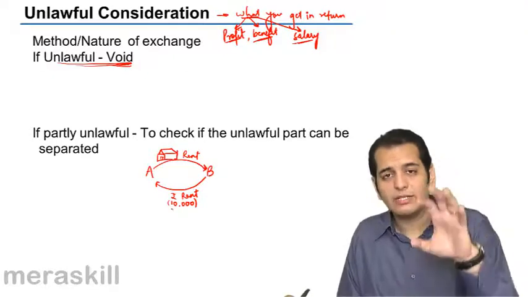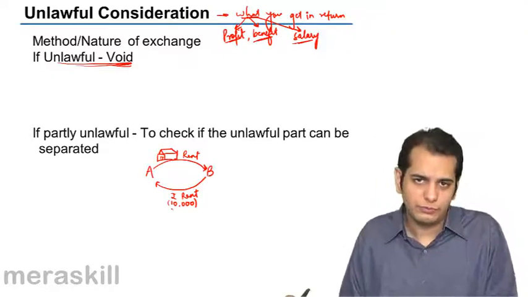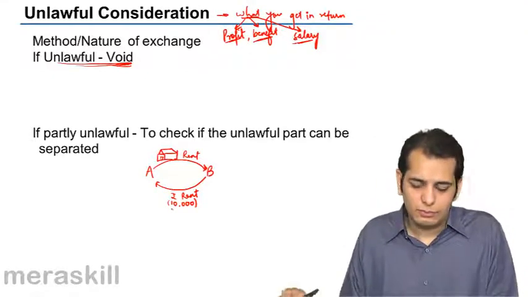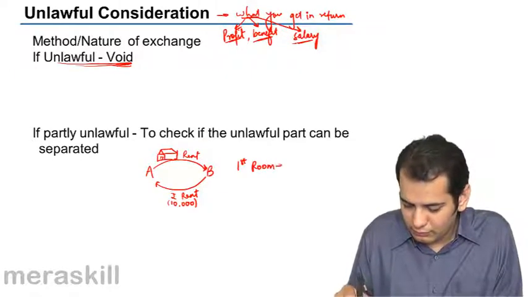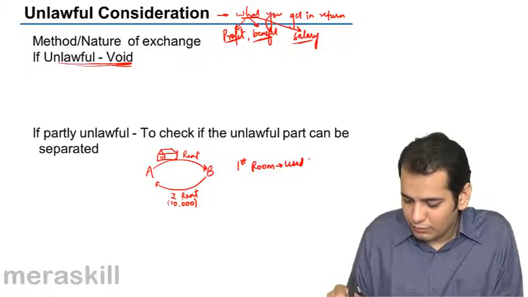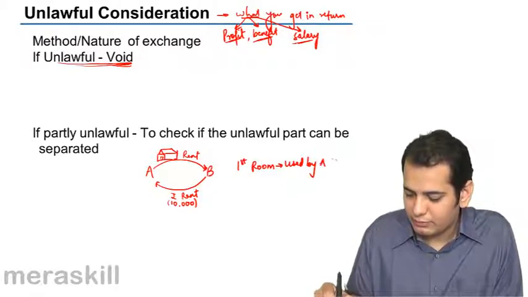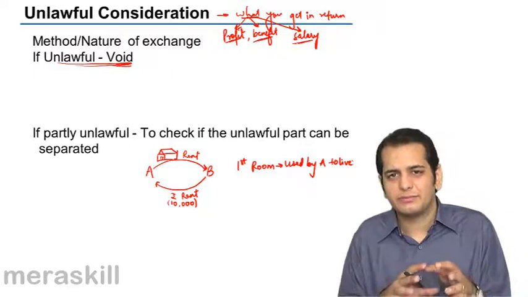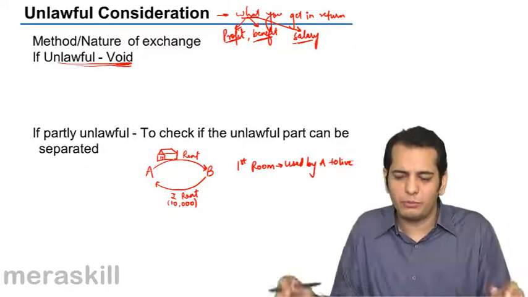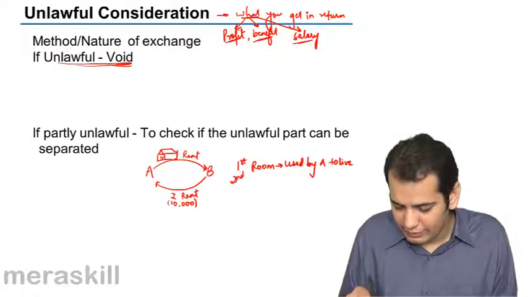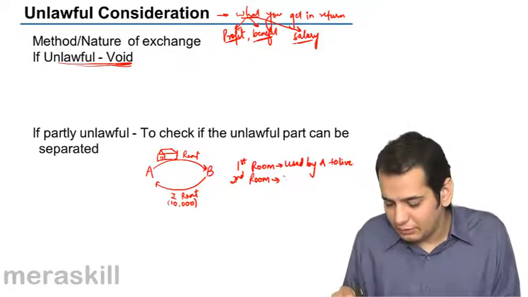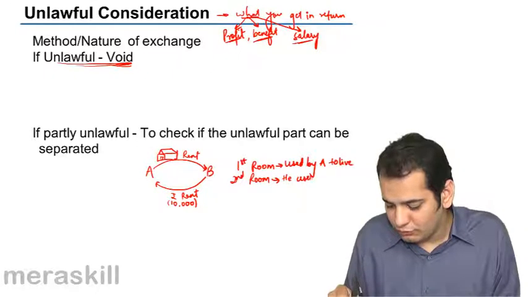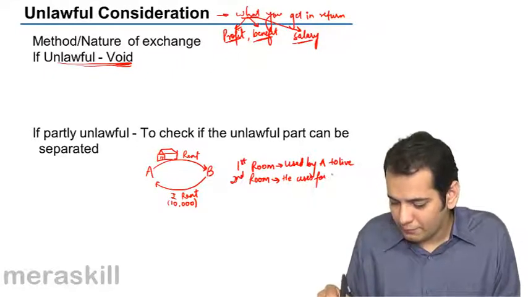Now this house has two rooms. The first room is used by A to live, to stay there, to sleep there, to do whatever he wants. The second room he uses for gambling.